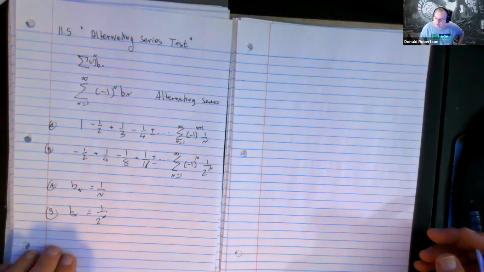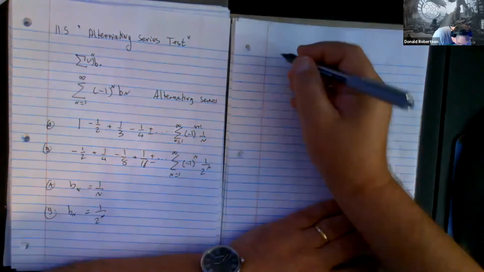So when do alternating series converge? When do alternating series diverge? Well, here we go.